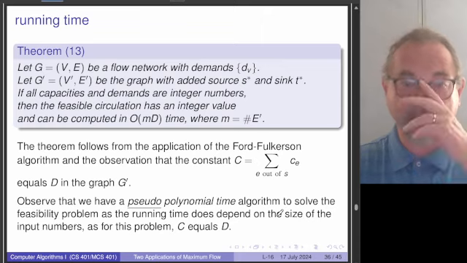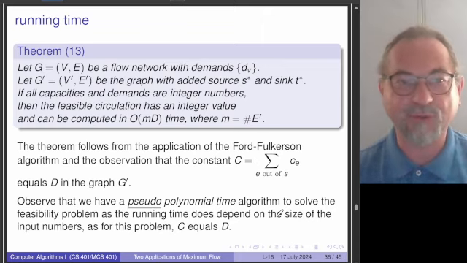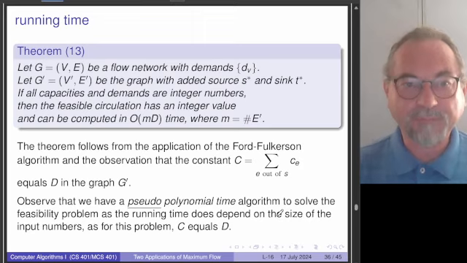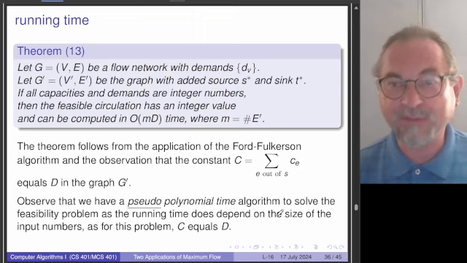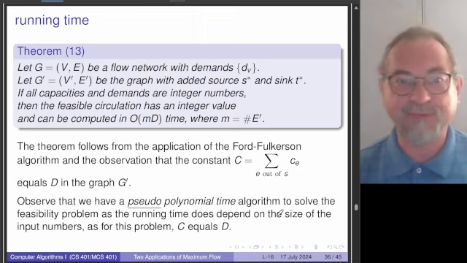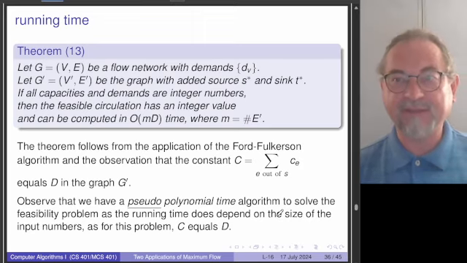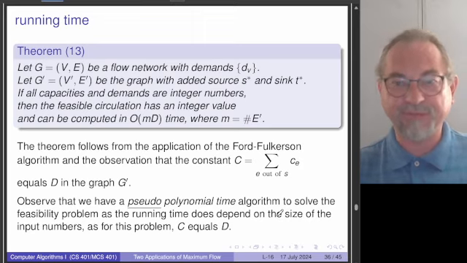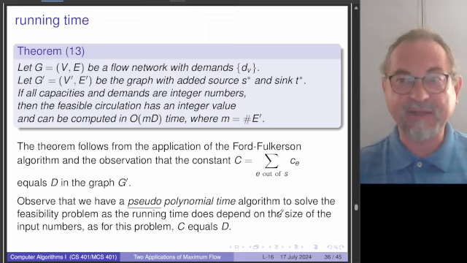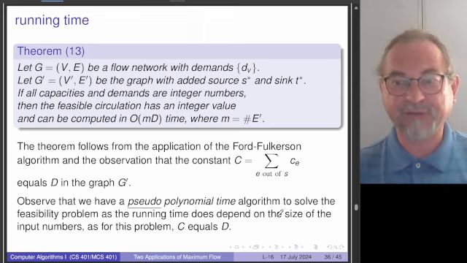And how much time does it actually take to compute? Well, we run the Ford-Fulkerson algorithm and we know the maximum value of the flow. That gives an upper bound on the number of steps. The amount of work in every iteration, which we proved in lecture 15, is bounded by the number of edges.